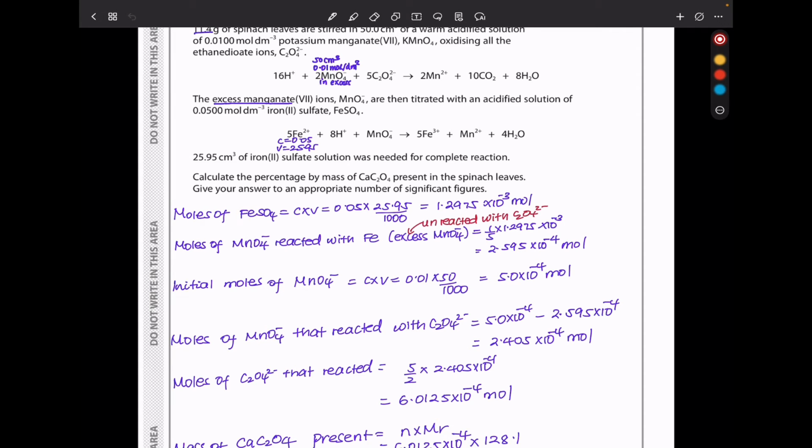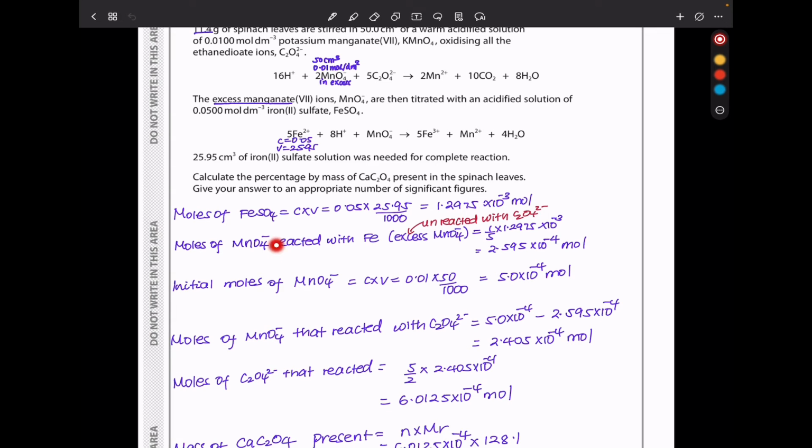So the number of moles of this is equal to 0.05, which is the concentration, times the volume. I divided by 1000 to convert the volume from centimeters cubed to decimeters cubed. And these are the number of moles of iron sulfate that were reacted. Then I used the moles of iron(II) sulfate to give me the moles of manganate.